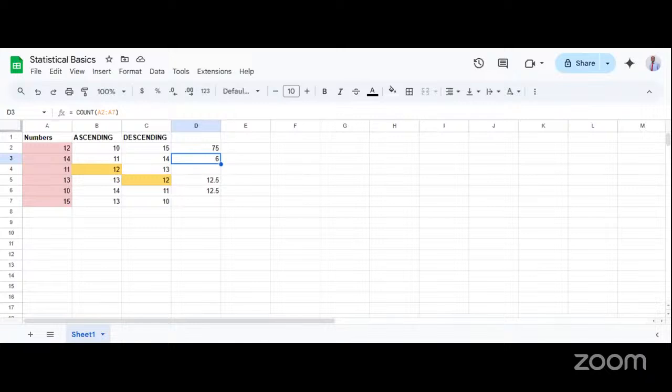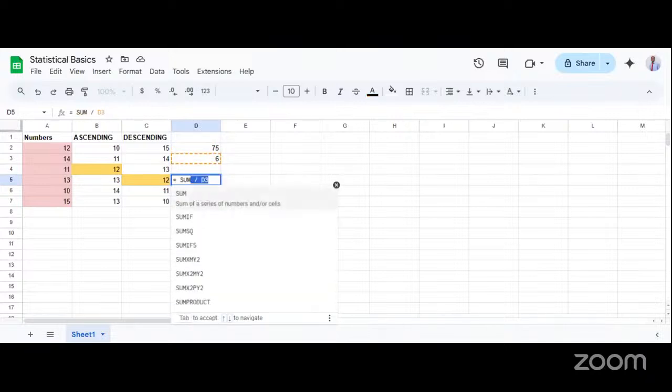Then you will notice that the median will still correlate with the mean if you use the mean formula. So in this cell here, we used the mean formula. What we just did was basically, let me write this in a more direct term.